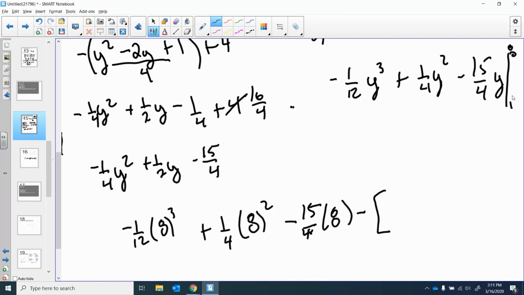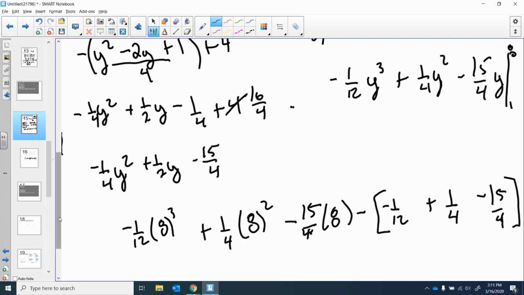When I plug 1 in, the 1 just isn't going to do anything, because 1 cubed is 1, 1 squared is 1. 1 will just multiply the 15 over 4. So I'm just going to have negative 1/12 plus 1/4 plus 15/4. Close my hard bracket there. And there you go. There I have the calculation to figure out what the area under the curve is, including the positive and negative being added together.